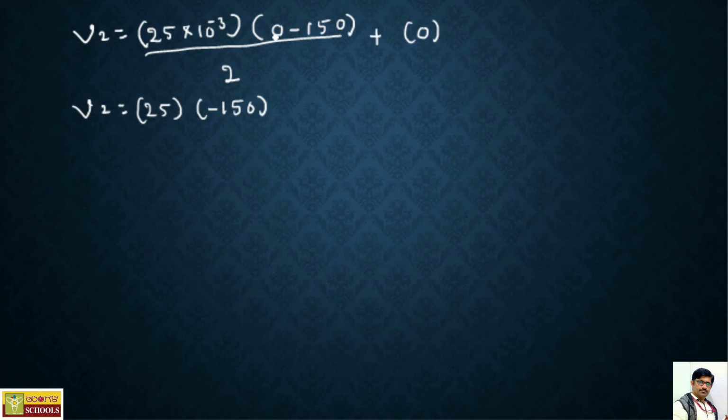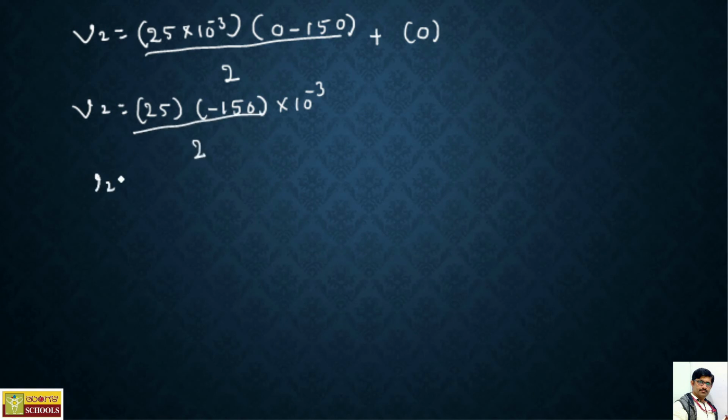So please take care of the steps. By that one can easily get the problem right. So 25 into minus 150 into 10 to the power minus 3. You skip this, anything plus 0 is left with the same term. So divided by 2 in this expression.